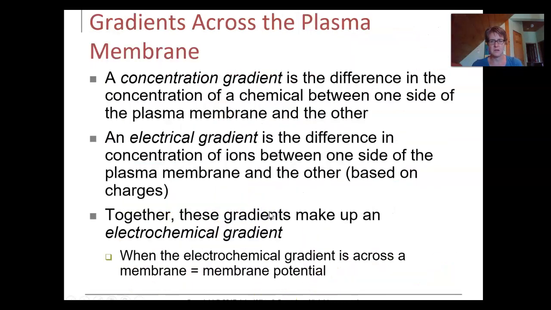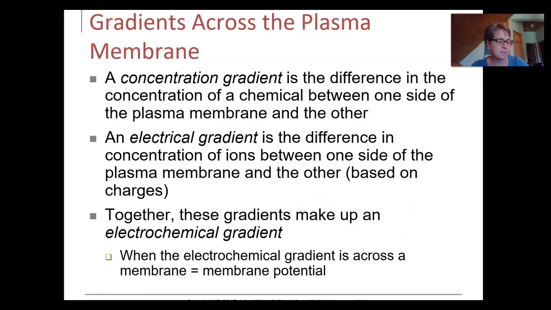Okay. So the first thing I want to talk about is this crazy concept of using the plasma membrane, using the fact that it is a barrier, to do work in the cell. So I do work in the cell by moving things, maybe not where they want to go.